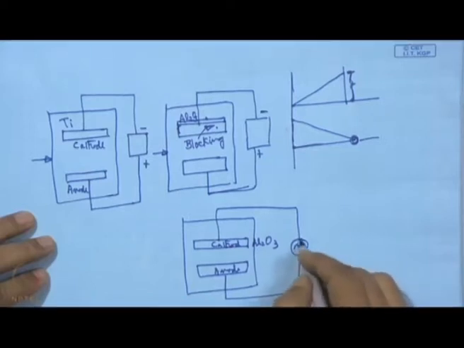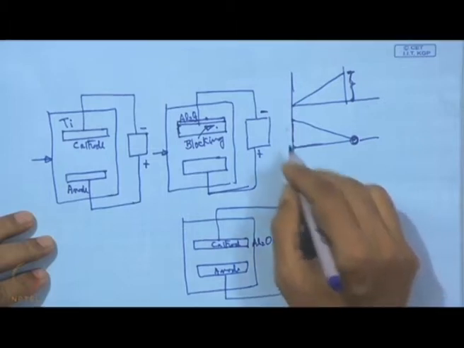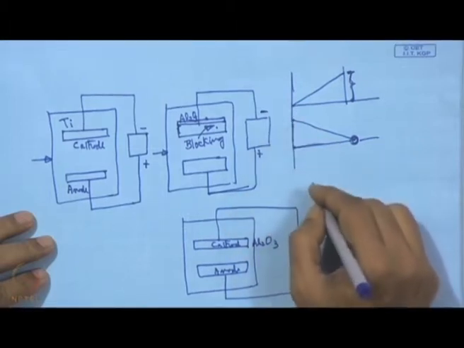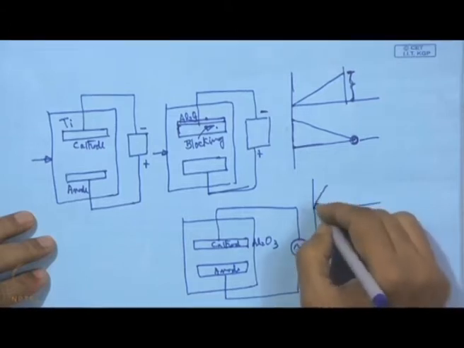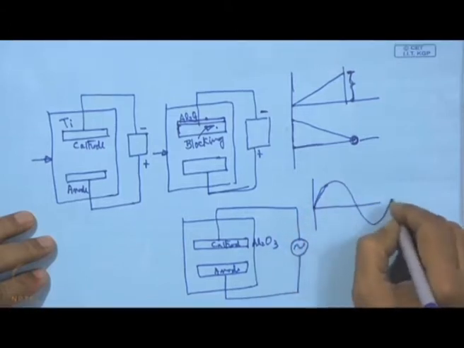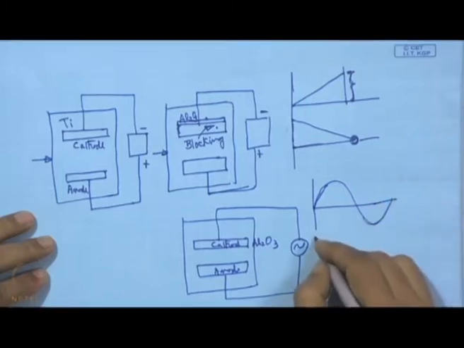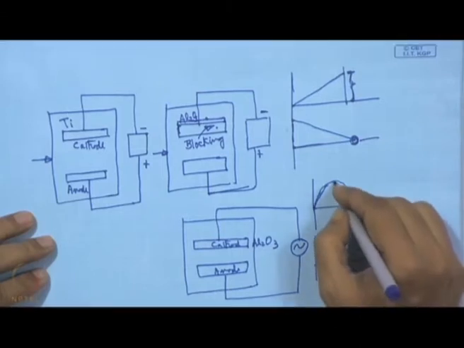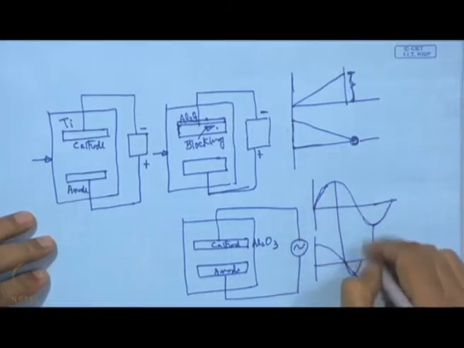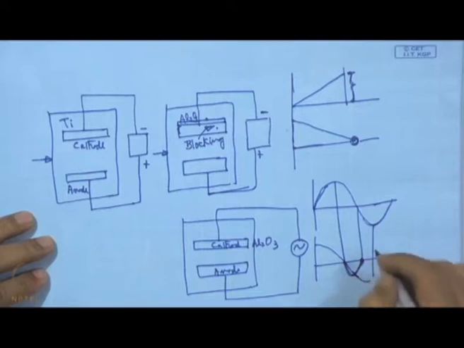is that normally when a capacitor is coupled to an alternating supply, if it is a sinusoidal voltage following a sine curve, then we have a current like this, and this is going to be maximum at this point, and it will follow this particular form.